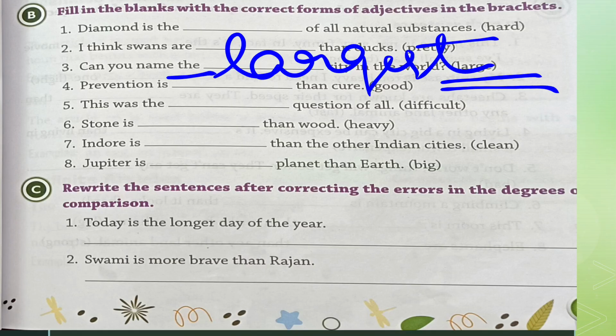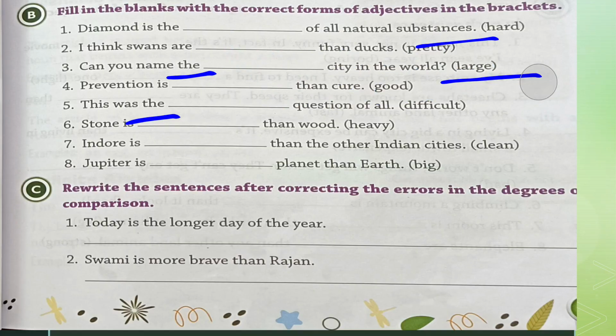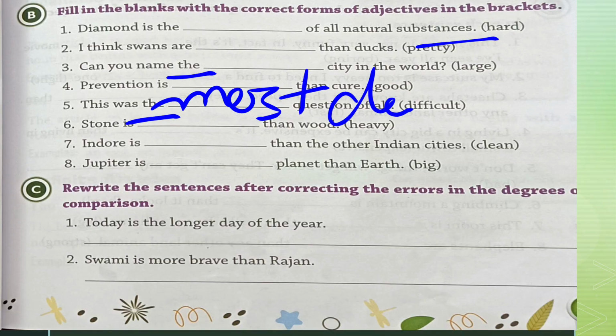Next: prevention is better. Good, better, best. Since than is there, we will use the comparative degree, so it will be better. Here the is written, so we will write most. This is the most difficult question of all.